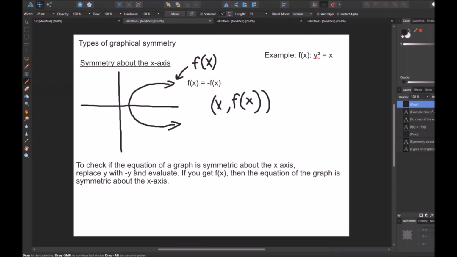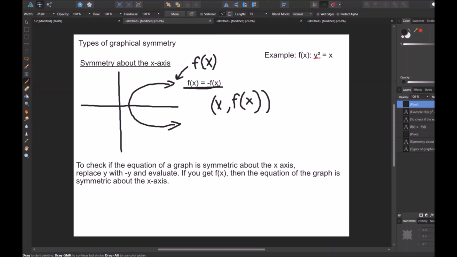So if we want to check if the equation of the graph is symmetric about the x-axis, we replace y with a negative y and evaluate. And if we get f of x equals negative f of x, then the equation of the graph is symmetric about the x-axis. So if you're ever trying to prove that the equation of the graph is symmetric about the x-axis, you always have to prove that f of x equals negative f of x.